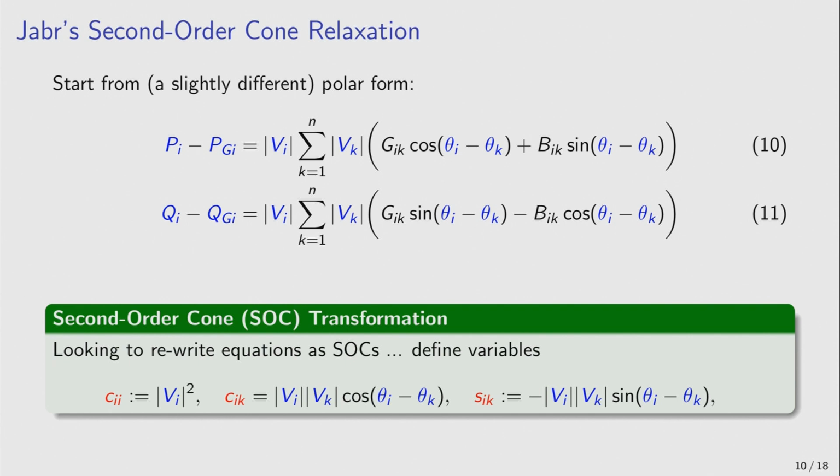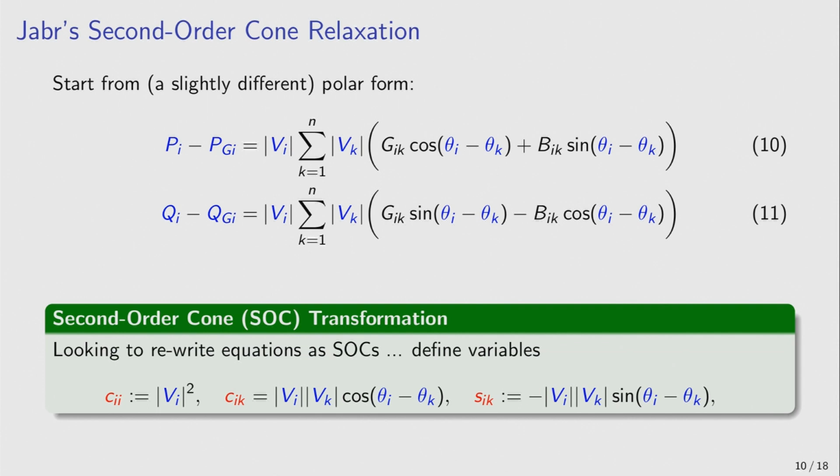This c_ik will be replacing the top left term in my voltage equations. That will be replaced by c_ik times G_ik. The second term would be replaced by minus s_ik times B_ik. So this is now a linear set of equations, if I do this little trick.